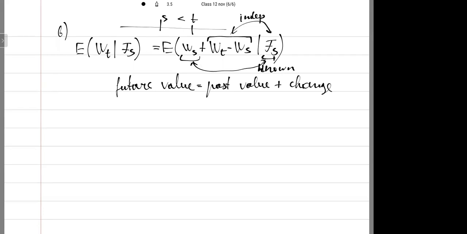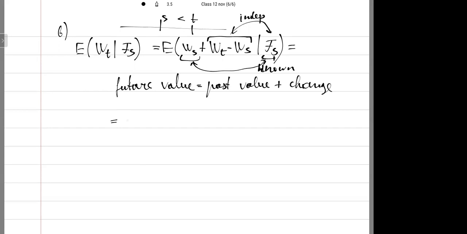So by the properties of conditional expected value, let's do it step by step.